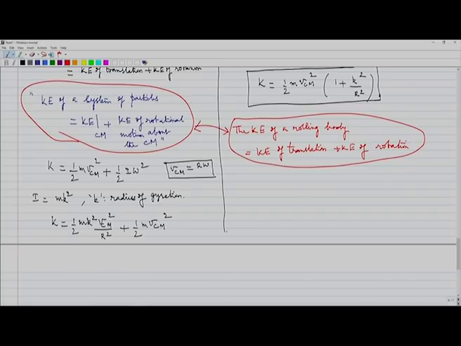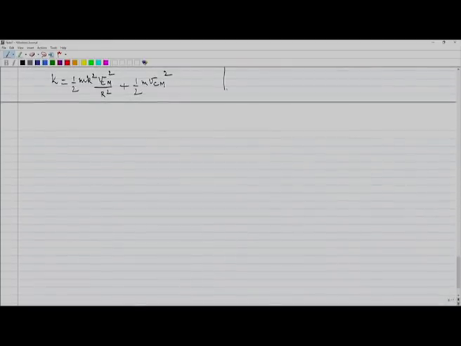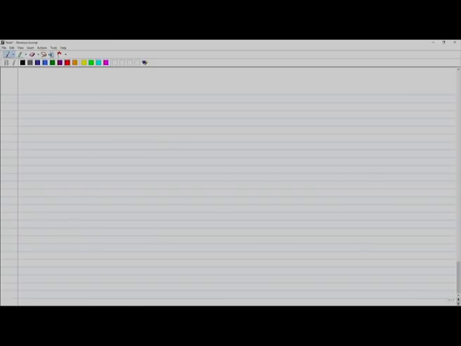Now we can make use of this expression to do a simple problem. It is like this: I have an inclined plane. I have an object. It may be a sphere or a cylinder or a circular disc. It begins to roll down.